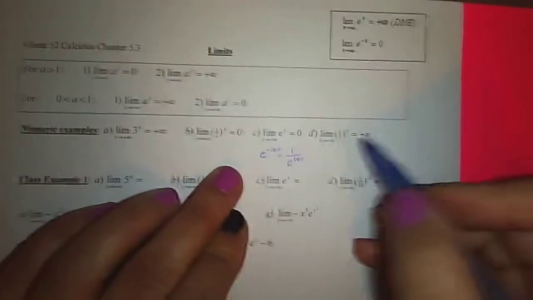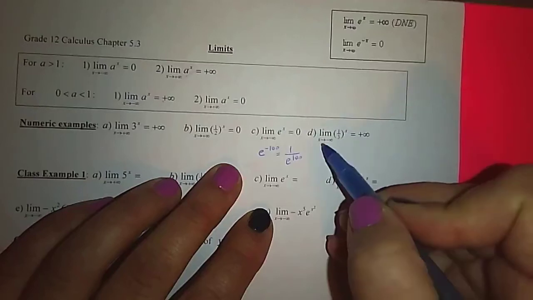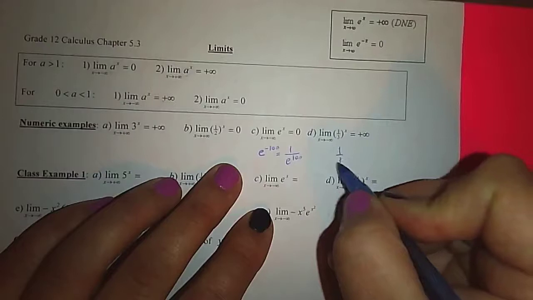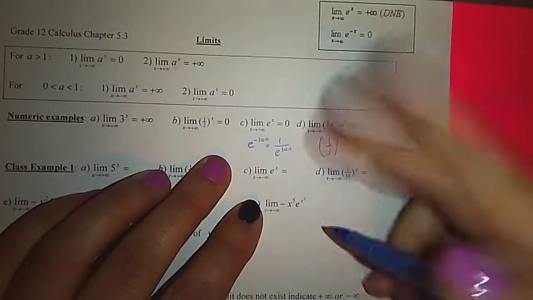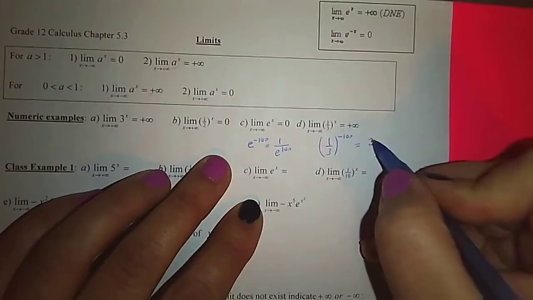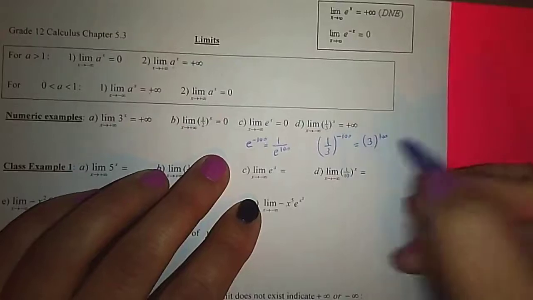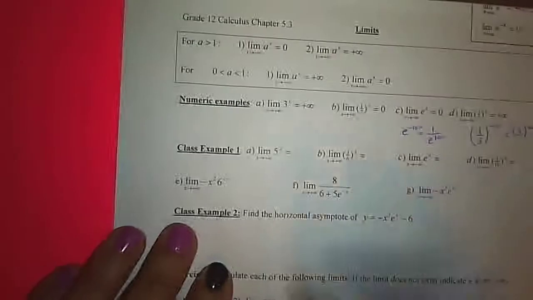So that is the limit. And this one, 1 over 3 to the power of x, we are looking at the limit as x approaches negative infinity. So 1 over 3 to the power of a negative big number. Flip it, and you get 3 over 1 to the power of 100. This is a very big positive number, therefore the limit is positive infinity.